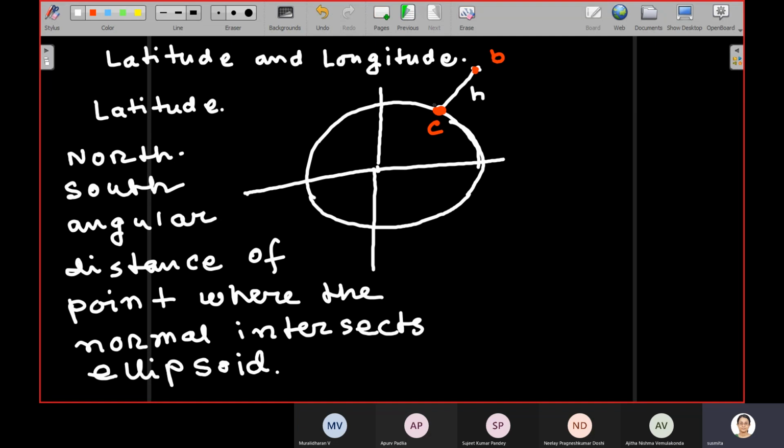Now we can calculate this angle in two ways. The first approach actually connects C with O. Okay, and find the angle that this line CO makes with the equatorial plane. So this angle is denoted as phi. Phi is called geocentric latitude.